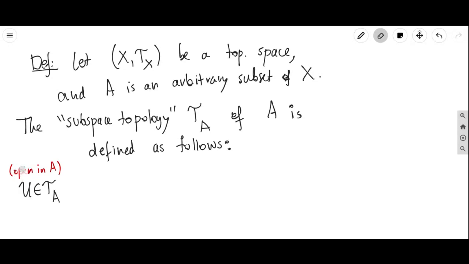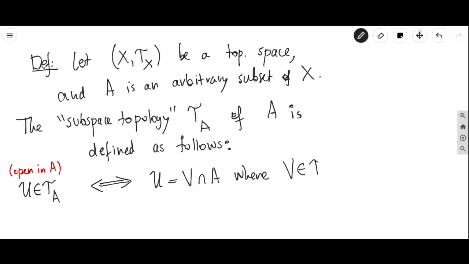So U is an open subset of A if and only if, so it's a little bit similar to what we said before, but it does not exactly work because A is not necessarily open itself. So if and only if U can be written in the form V intersect A, where V is in the topology of X.